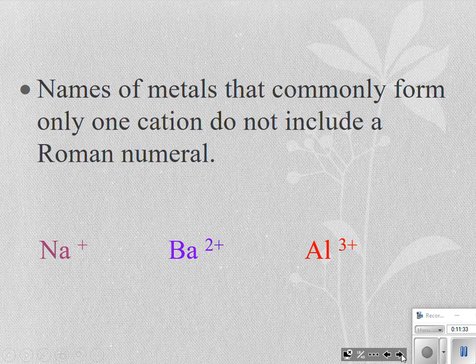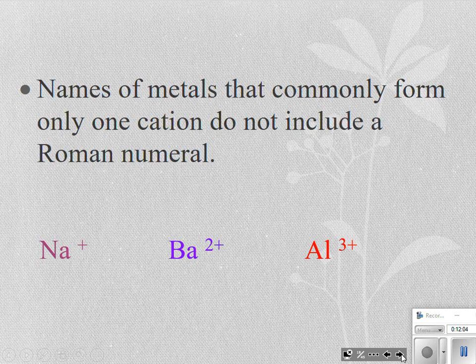Now, look at, let's say, silver. Find silver. Does silver need a Roman numeral? No. What if you put one? It's wrong. Look at scandium, number 21. Does scandium need a Roman numeral? No. What if you put one? It's wrong.